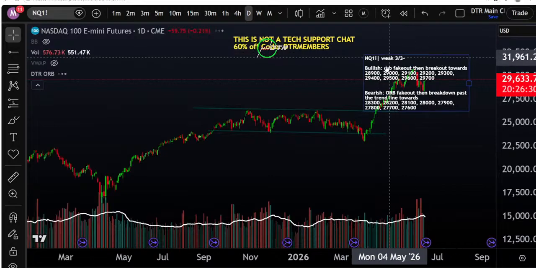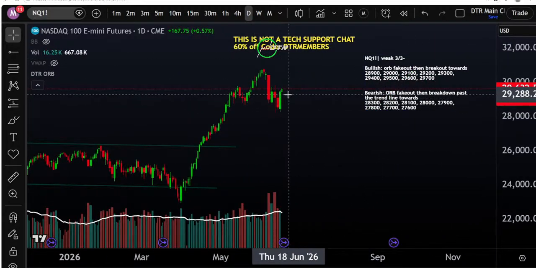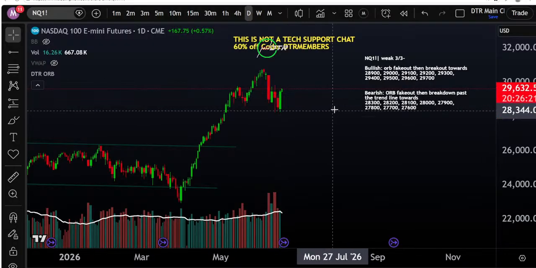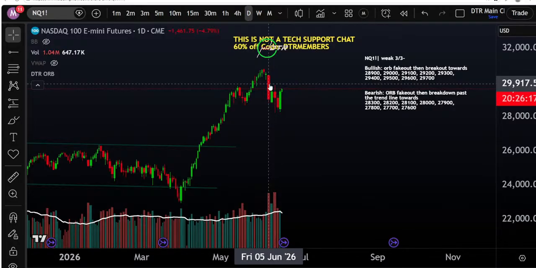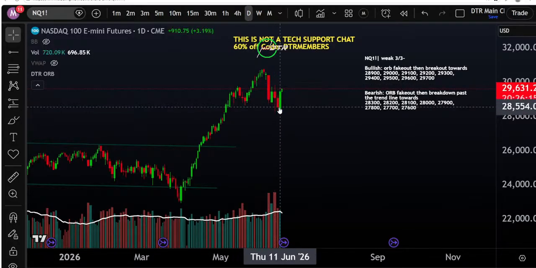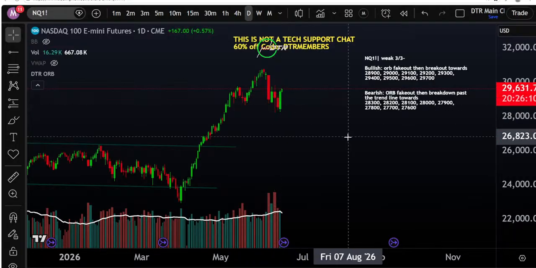On the daily time frame, when we're picking these levels, I'm just looking at the candles to my left and then rounding them up to the nearest round number. So this morning we were going to like 28,900, which was kind of our target.